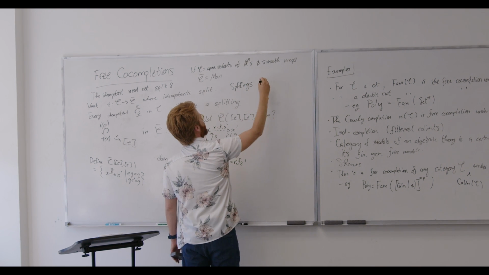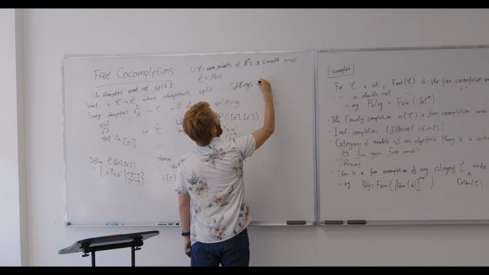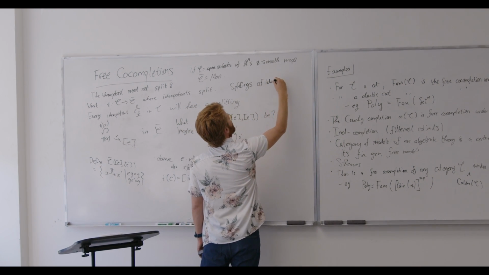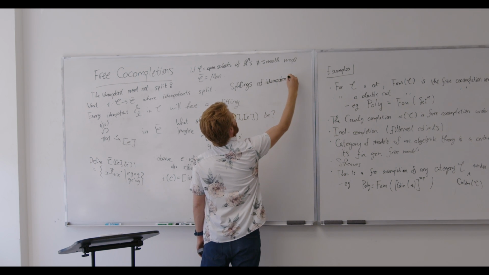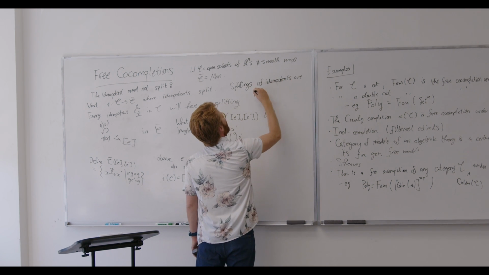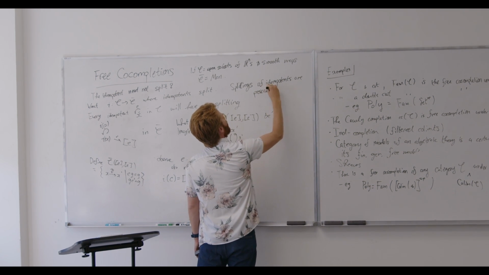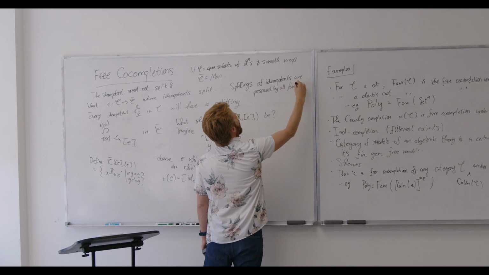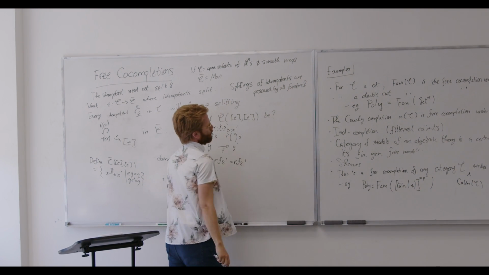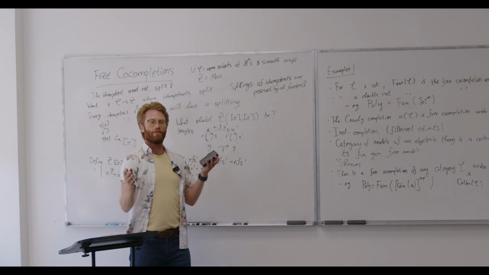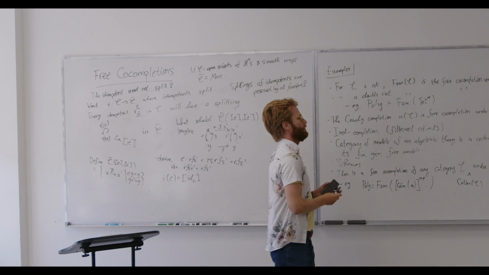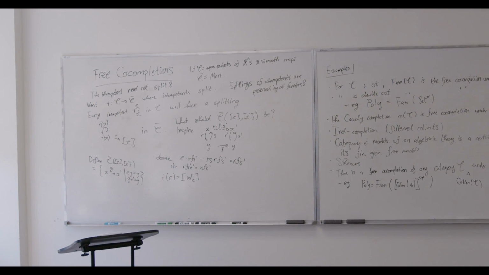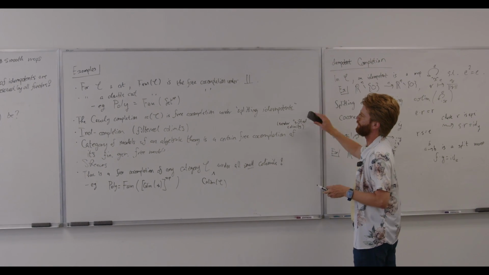Coproducts, coequalizers are only preserved by some functors. And so it's very cheap to add splittings of idempotents. There's no wiggle room in how you do it. So those are called absolute colimits, and that's an interesting topic too.